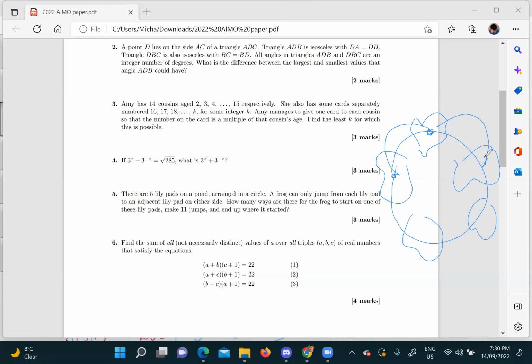That's one combination. So how does the frog jump 3 to a lily pad and back 3 times? It could jump between the same 2 lily pads 3 times. Wait, do you guys get what I'm saying? Are you choosing which lily pad?